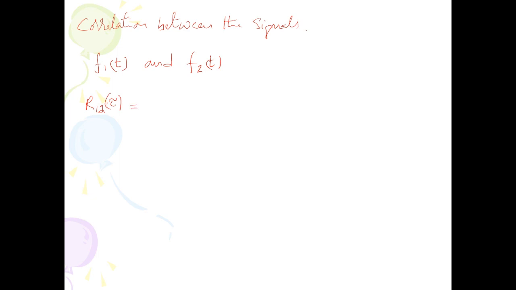This is defined as limit T tends to infinity, 1 by T integral minus T by 2 to plus T by 2, f1 of t and f2 star of t plus tau dt. This represents the shift of function f2 of t by an amount minus tau, that is towards left.